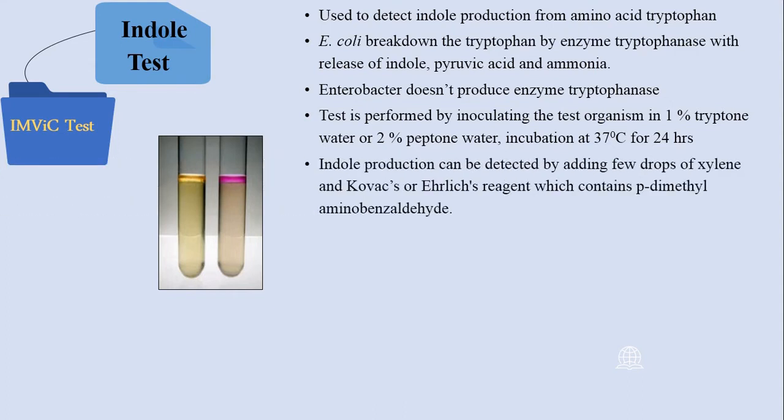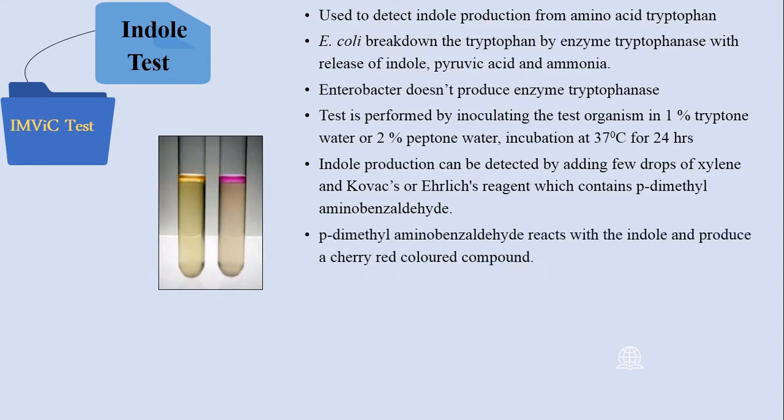After incubation, the indole produced in the medium can be detected by adding a few drops of xylene and Kovacs or Ehrlich reagent. Kovacs or Ehrlich reagent contains para-dimethylaminobenzaldehyde. This para-dimethylaminobenzaldehyde reacts with the indole and produces a cherry red colored or pink colored compound.